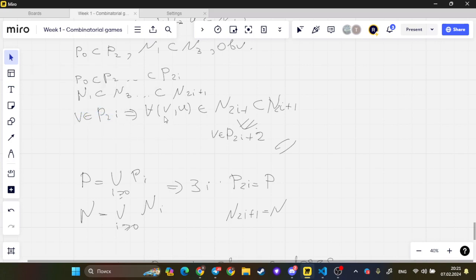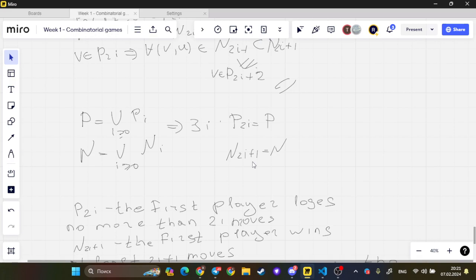We suppose that we have this, then we consider a vertex, and we need to prove that this vertex belongs to a bigger class, and that's it.